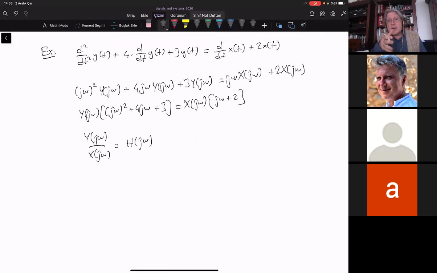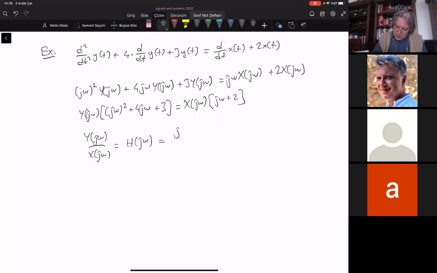You see, this can only be written in the frequency domain. You cannot write it in the time domain. Y(t) over X(t) is not h(t), okay? Because y(t) is x(t) convolved with h(t). But in the frequency domain, they are in the multiplicative form. That's why we can have it in the Fourier domain.